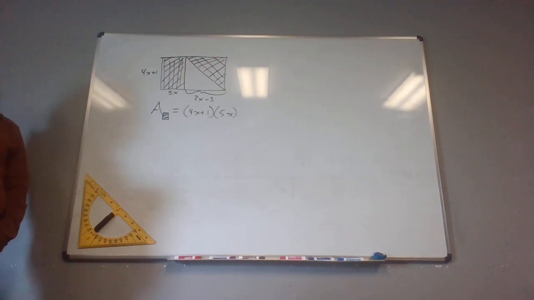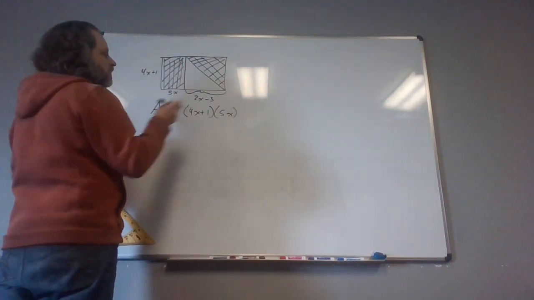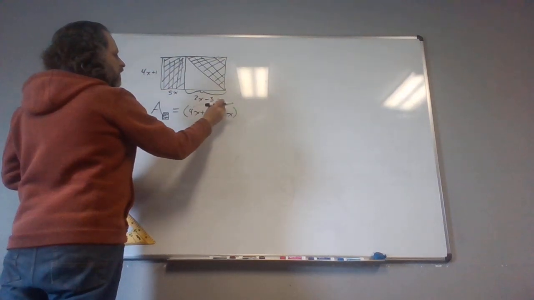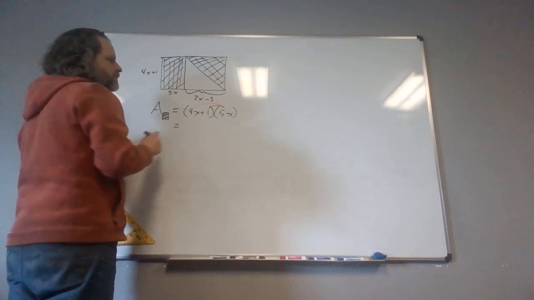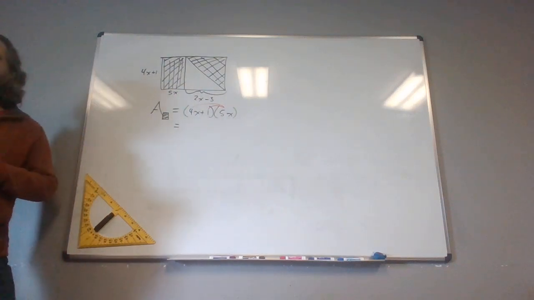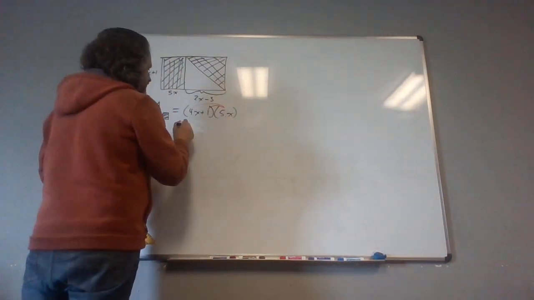Okay. What do we need to do to simplify that? What is 4x times 5x? 20x squared, because x times x is x squared.